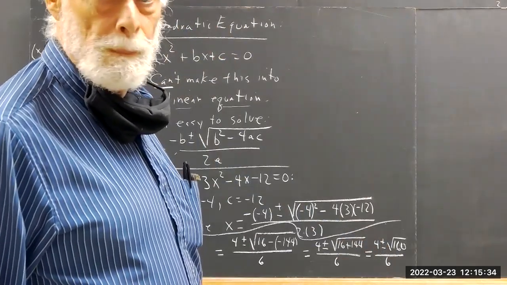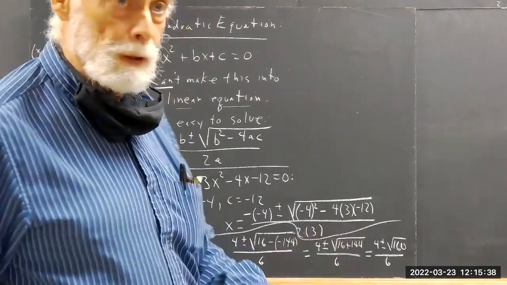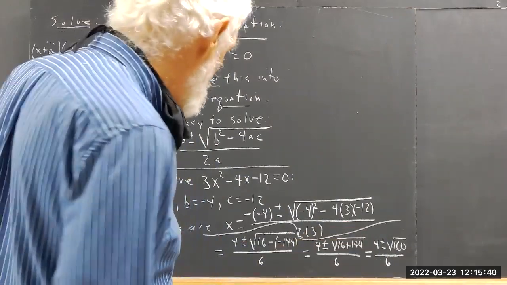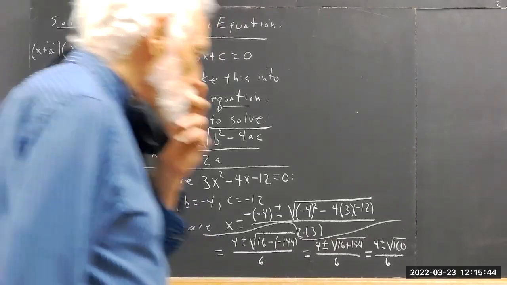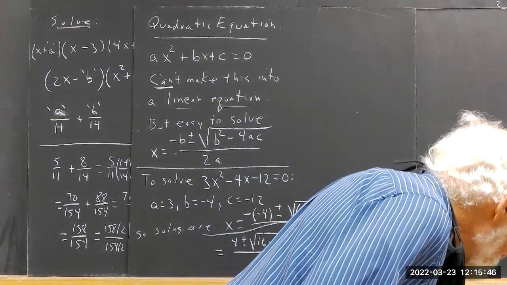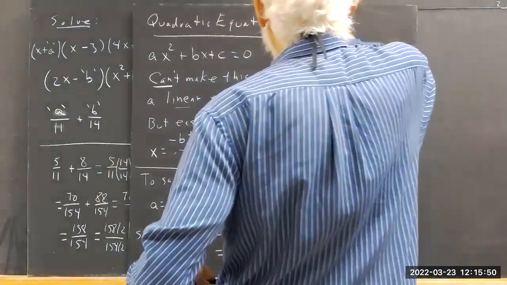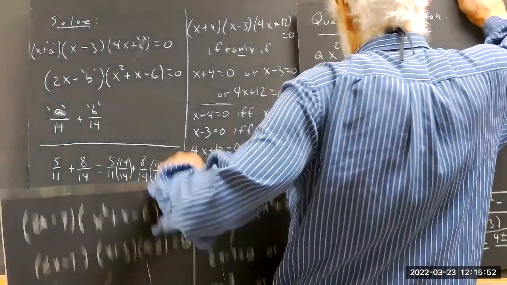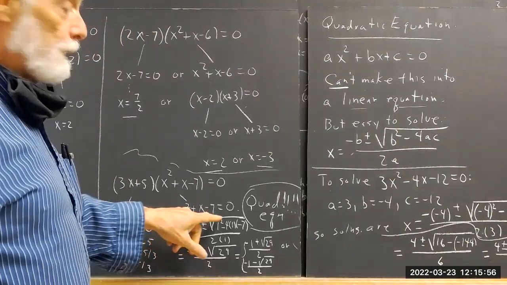Okay. Now, a couple of things you want to make note of. First of all, let's go back and see how that formula, which I didn't write down here, but I used it, applies to x squared plus x minus 7.